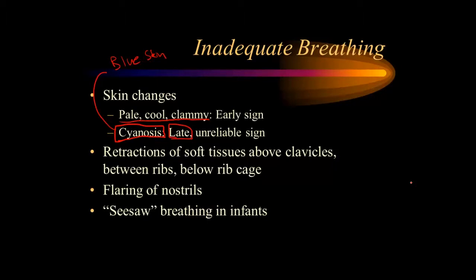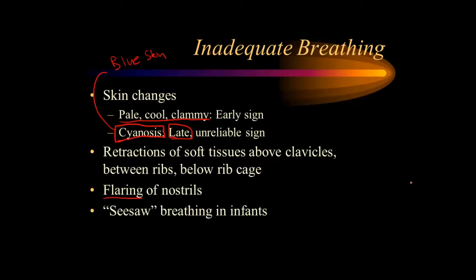Those soft tissues in there, when somebody's working really hard to breathe, will actually suck in and push out a little bit, and suck in and push out a little bit. You'll see those same retractions between the ribs and below the rib cage. You may see the patients flaring their nostrils a little bit, so think about trying to open your nostrils up as wide as possible to take in as deep a breath as possible.